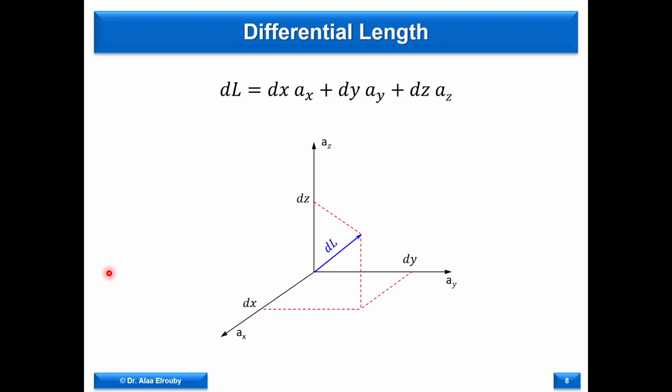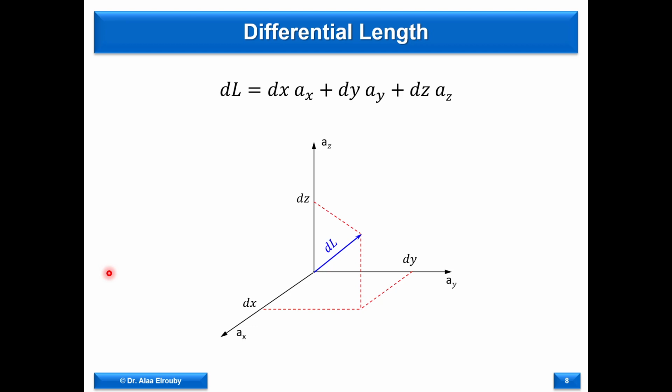Usually we need to express differential length, differential surface, or differential volume in a certain coordinate system, and we're going to see the application of this when we come to the electrostatic field. For now, we need to know how to express a differential length.